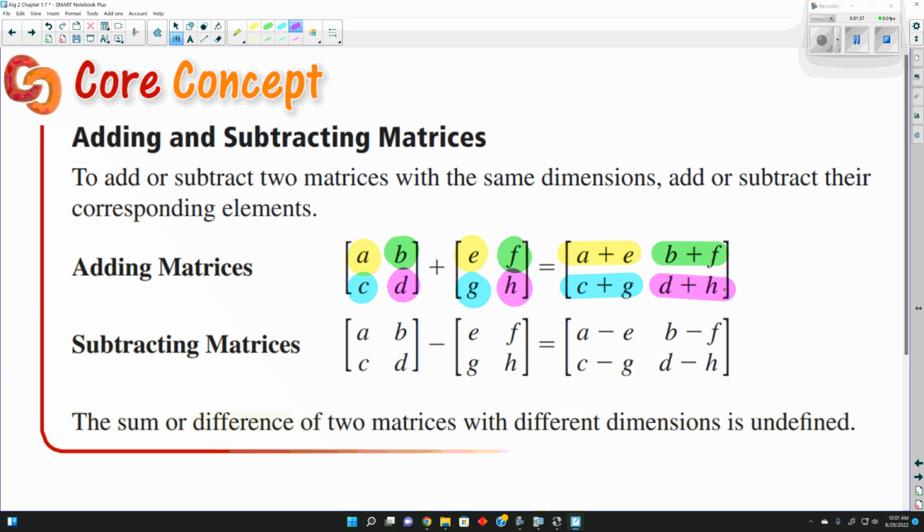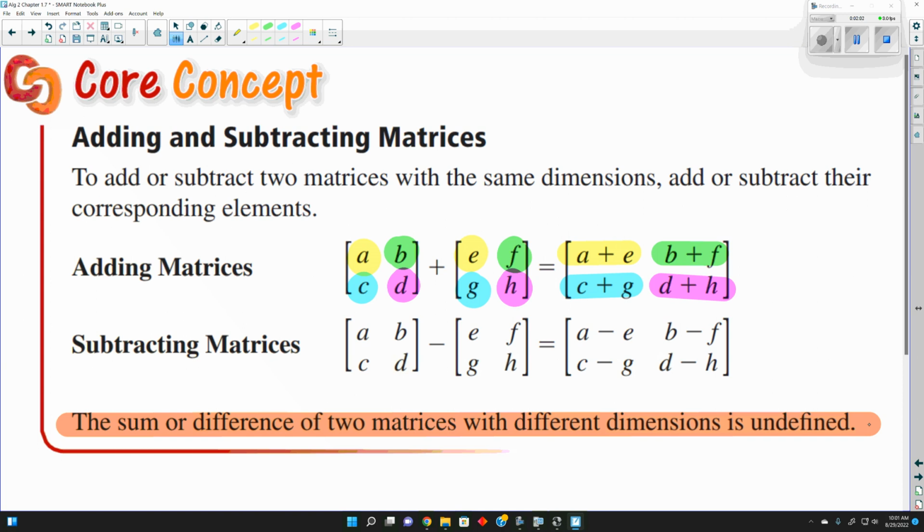Exact same thing with subtraction. The ones that are in the same spot, we subtract from each other. And that's it. Now the one big thing with this: the sum or difference of two matrices with different dimensions is undefined.